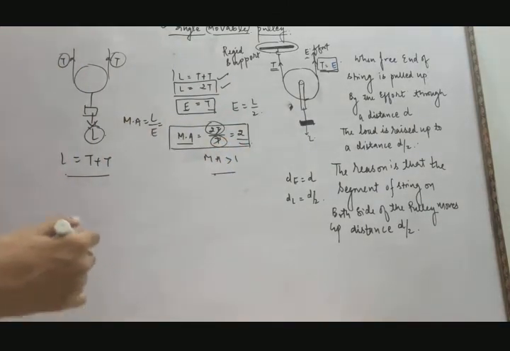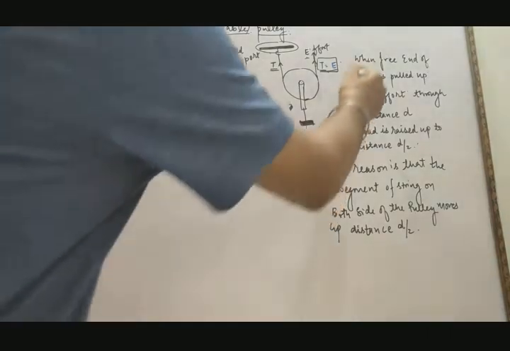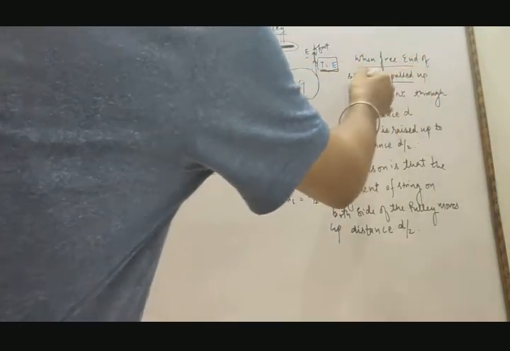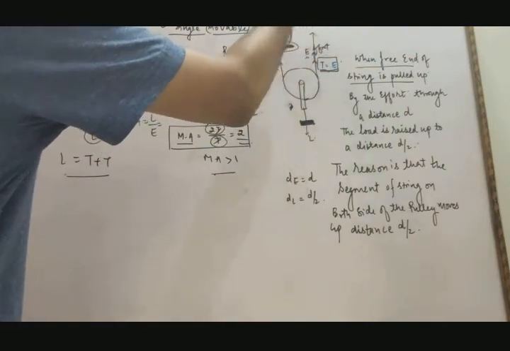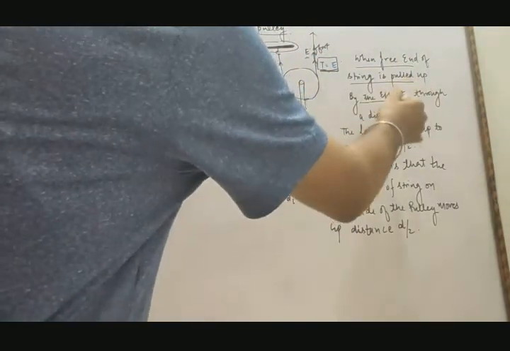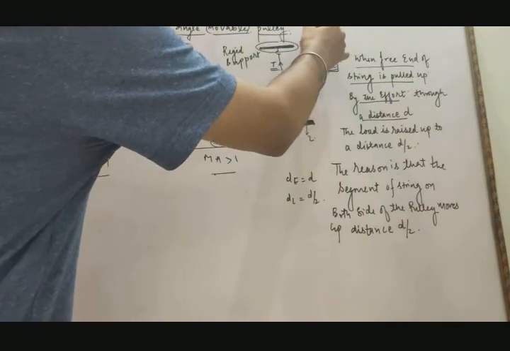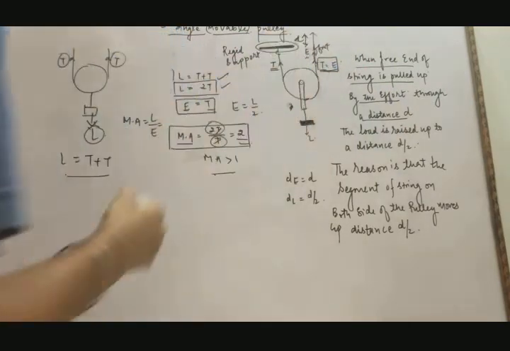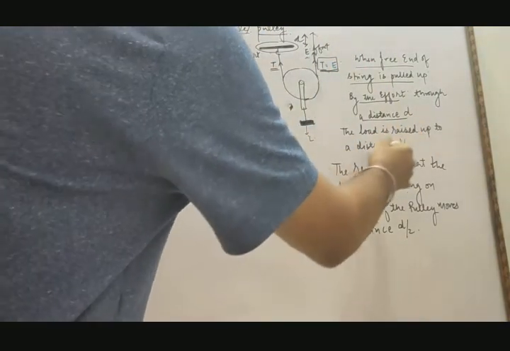Now we will calculate the value of the velocity ratio. When the free end of the string is pulled up by the effort through a distance d, the load is raised up to the distance d by 2.